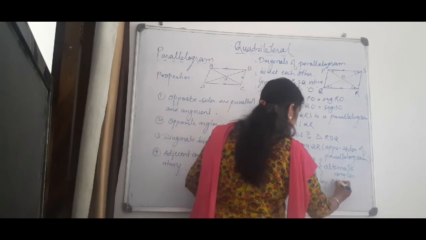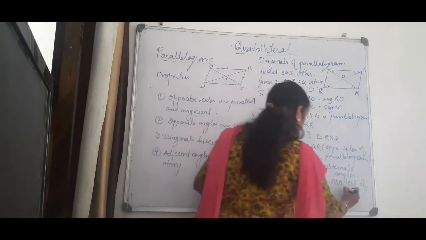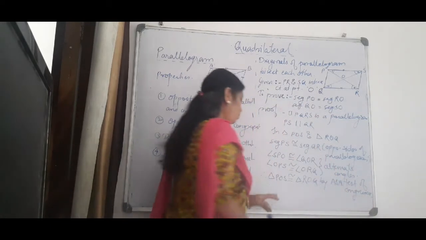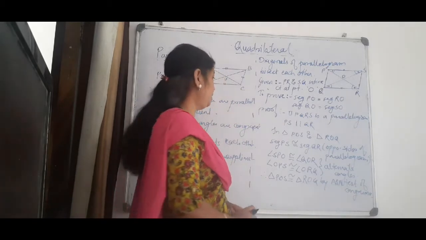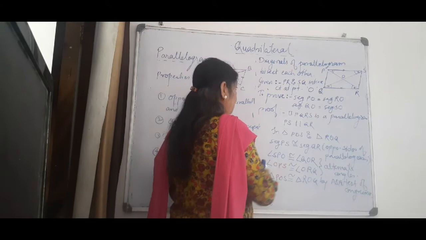By which test? ASA test of congruence. Now, if triangles are congruent, then its remaining elements are also congruent. So, which are the remaining elements?